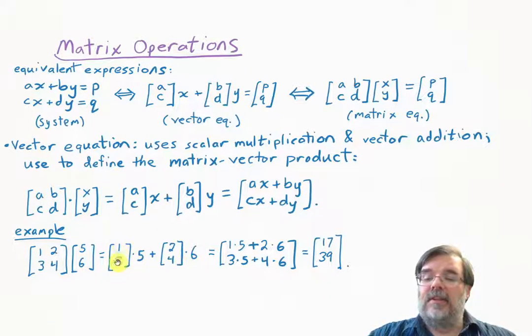So multiply these by 5, multiply these by 6, and then add across. You'll get 1 times 5 plus 2 times 6. That's 5 plus 12, which is 17. On the bottom, you'll have 3 times 5 plus 4 times 6. That's 15 plus 24, which is 39. So this matrix times this vector gives you this vector.